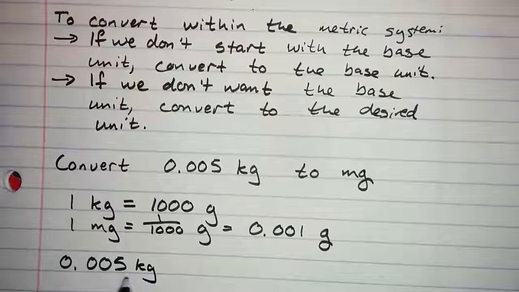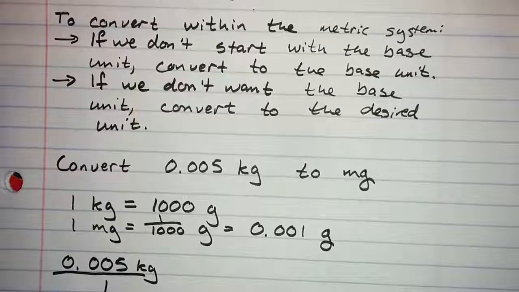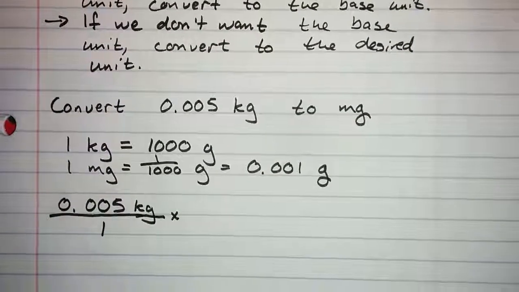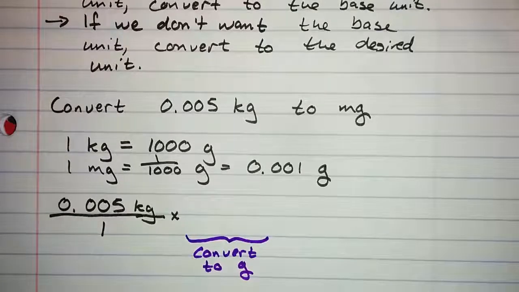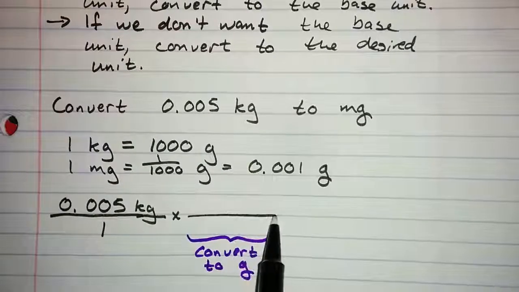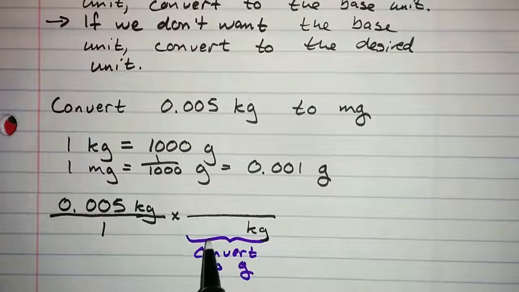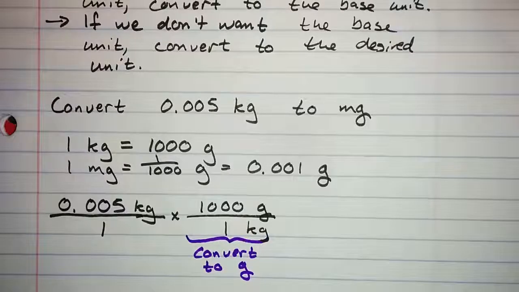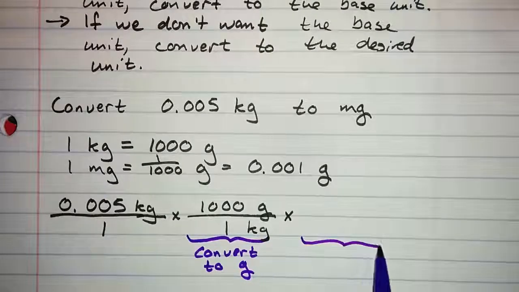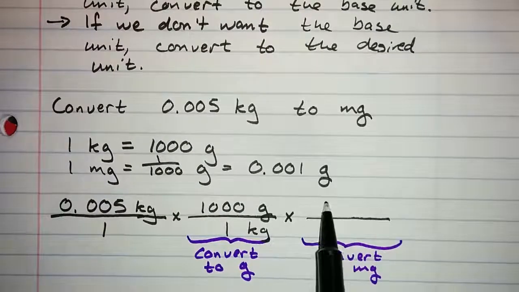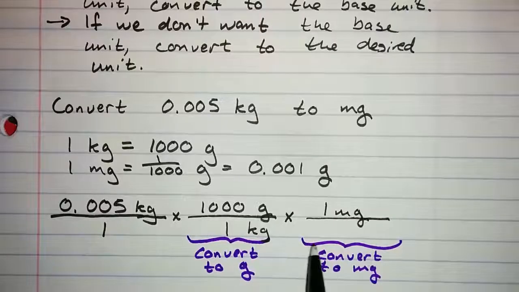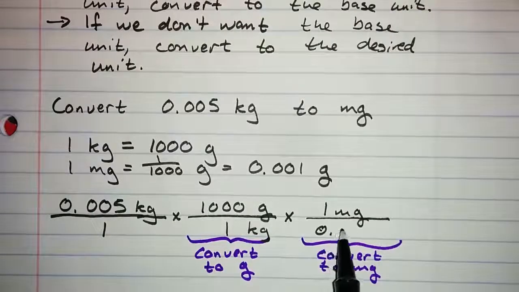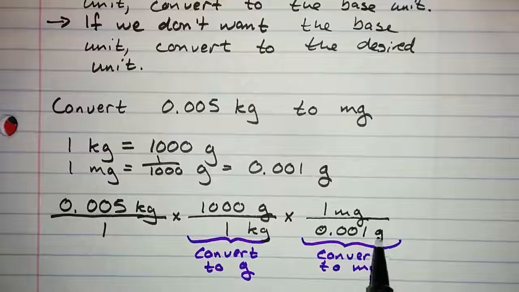So we start with our 0.005 kilograms over 1, and then we're going to convert to the base unit, in this case grams. So we want to get rid of kilograms and bring in grams, and then once we have grams, we can convert to milligrams using 1 milligram is 0.001 grams.